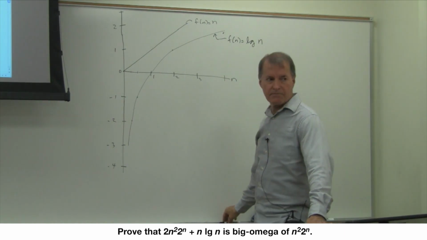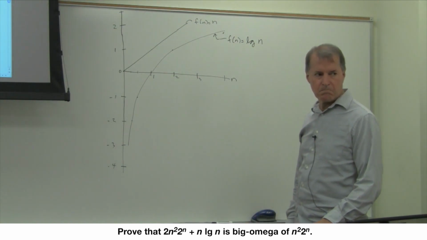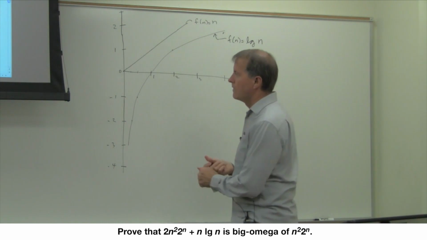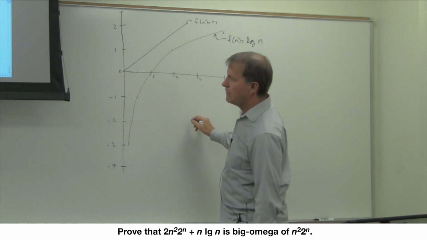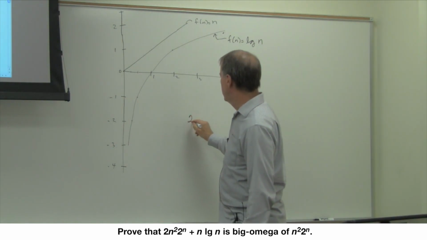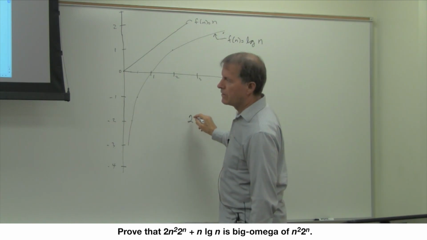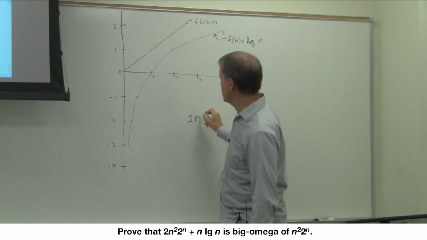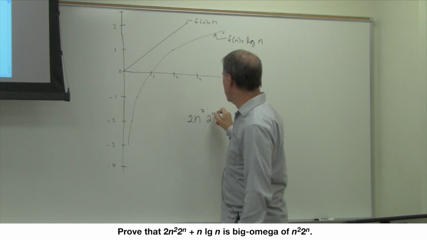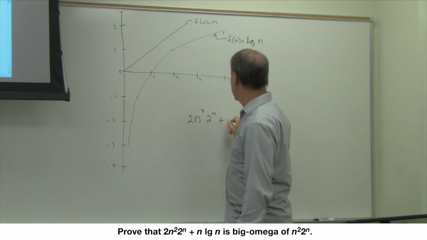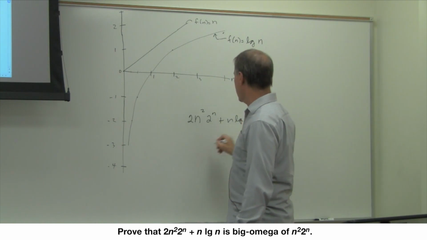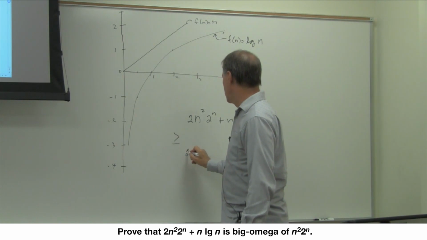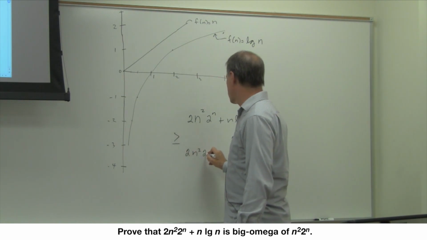So whenever you're finding the next one, can you do n squared and then do 2 raised to the n as well? Is that how you transform? Okay, hold on. What you'd have is 2n squared times 2 to the n plus n log n, and I'm claiming that this is greater than or equal to 2n squared times 2 to the n.